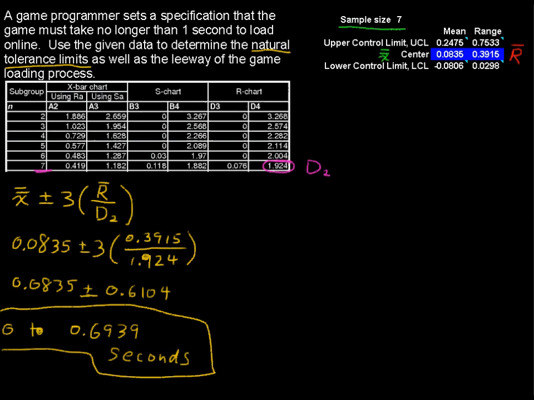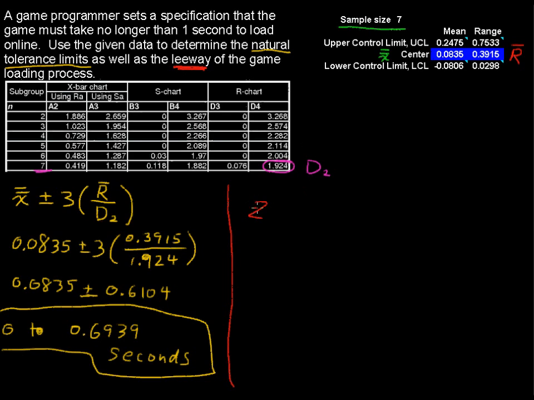But another measure of how capable a process is is just how far away the specification is from the mean, depending on what kind of data you have from your process. So we look at the z value. I will do this in red, the leeway.